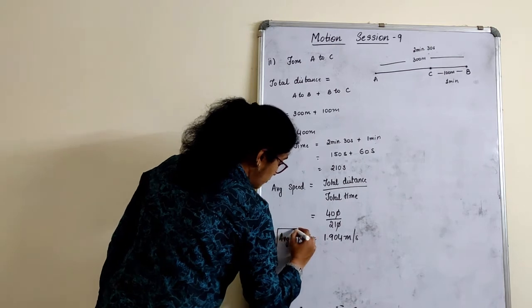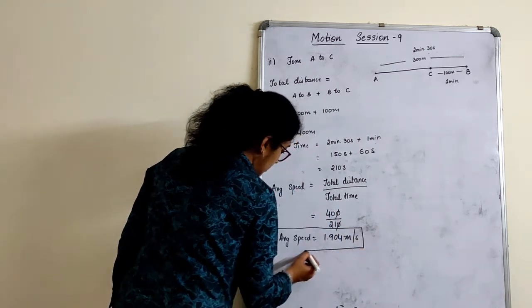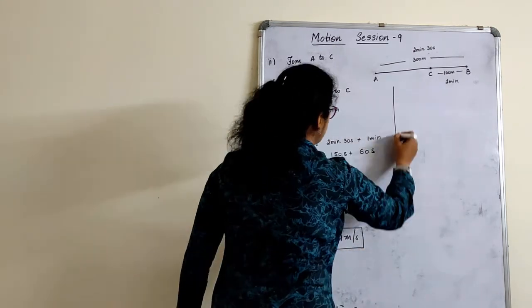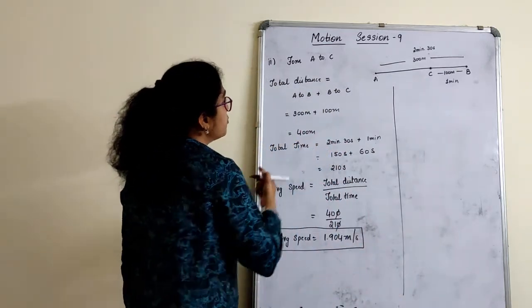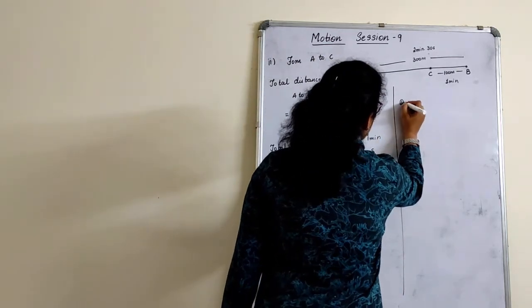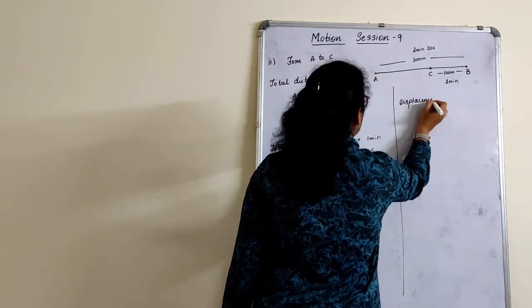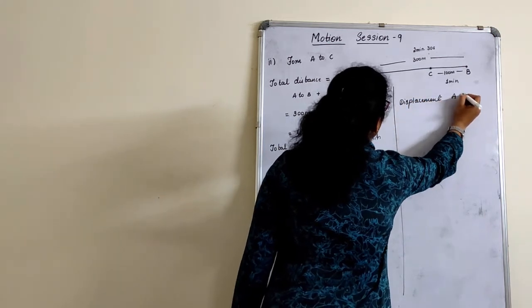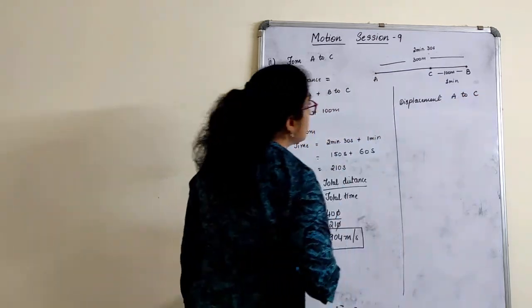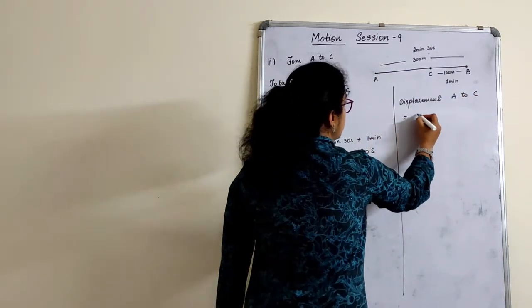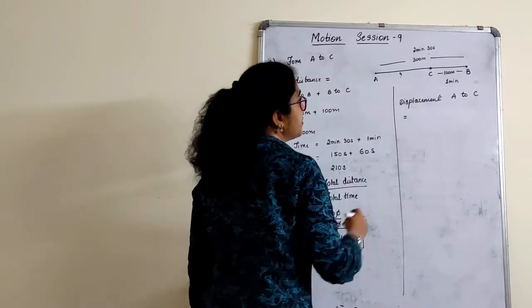Now, will the average velocity change? Yes. Why? Because of displacement. Below this, what you have to do here is write displacement. That is A to C. What is A to C? This distance is the displacement, right?